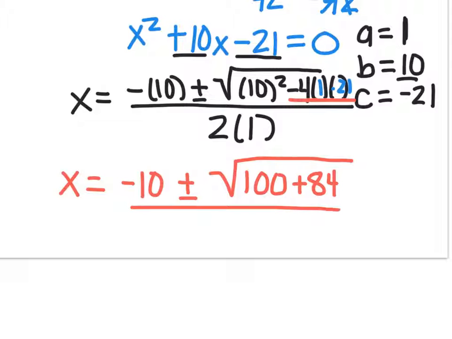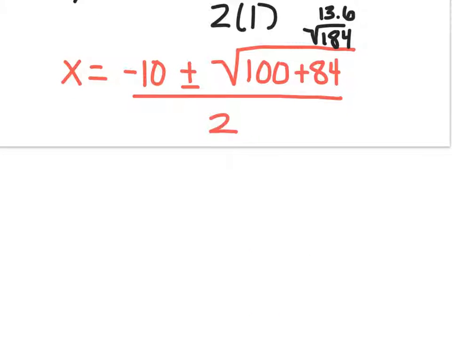That's all over 2. Okay. The inside of this is really worth 184, so I get the square root of 184. And since I'm trying to find the value of x, I'm going to change that square root of 184 into its rounded value of 13.6.